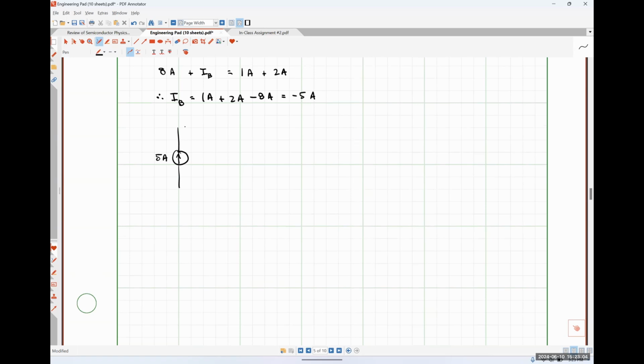So I've got a 5 amp source here. A 10 ohm resistor here. One amp source flowing down. Let's put an 8 ohm resistor here.